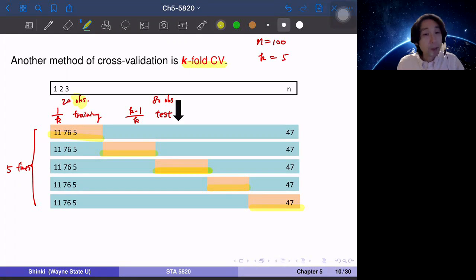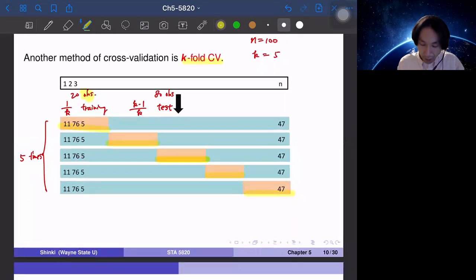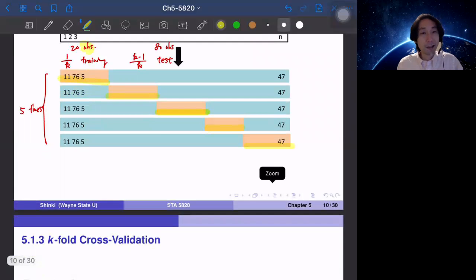So how much time does it take compared to just the usual validation approach? For k-fold, we need k times more time. So for five-fold cross validation, we need 5 times as much time as the one simple validation approach. 5 times is fine, right?